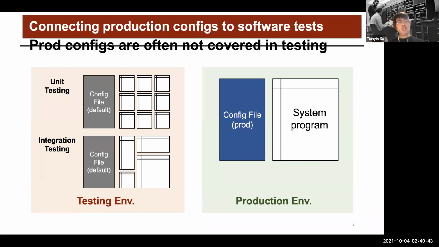The basic idea of C-test is exactly to connect the production configurations to the software tests, so that we can focus the testing on the production environment and make sure the code under production is tested. But when we look at how tests are written today, we realize that we cannot just directly reuse existing software tests for this purpose.